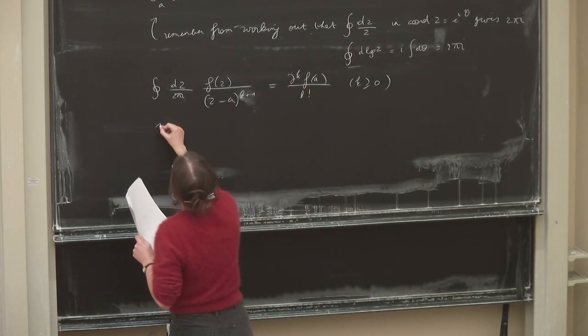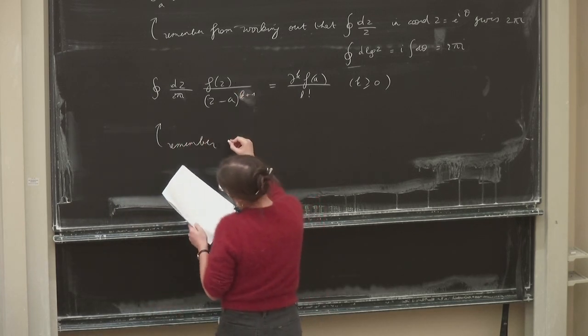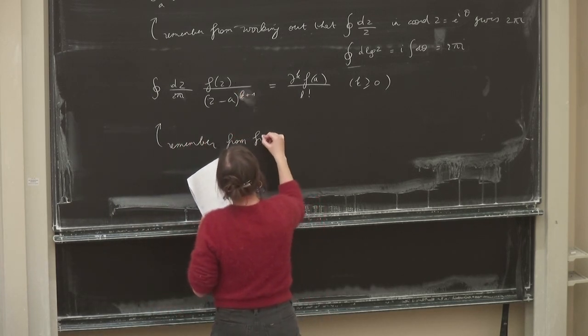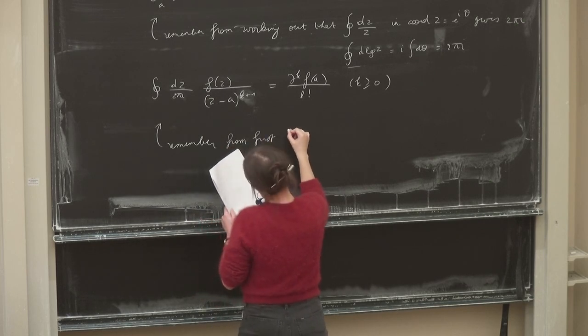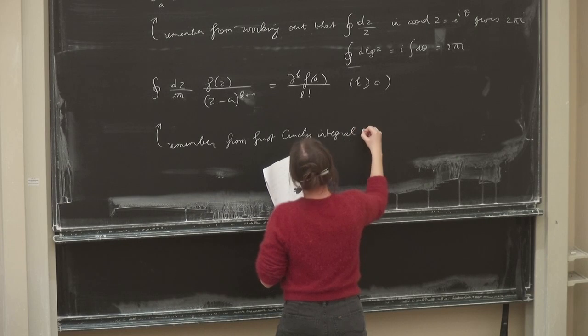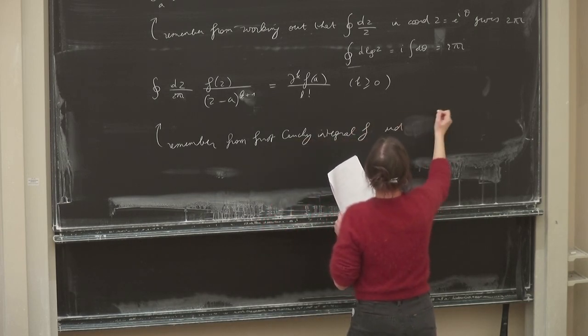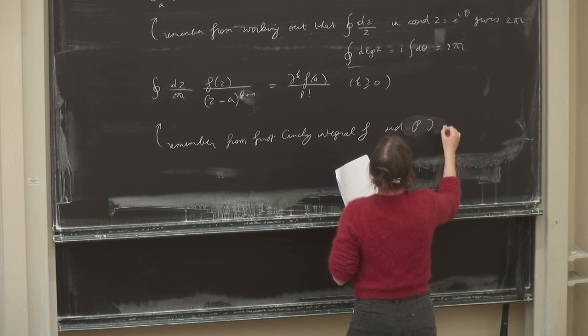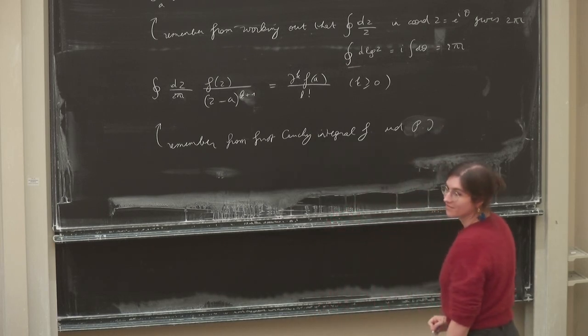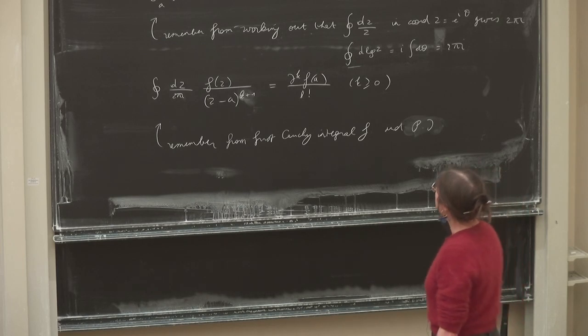The way to remember this one is just to remember the first one, the first Cauchy integral formula, and then you partially integrate.